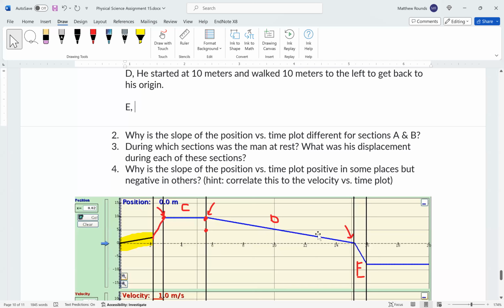Okay. All right. So we'll pick up here next time with E and then F. And so we've got some more questions to answer based on what you did right here. These will go pretty quickly.